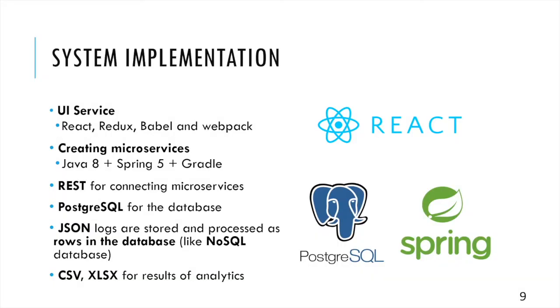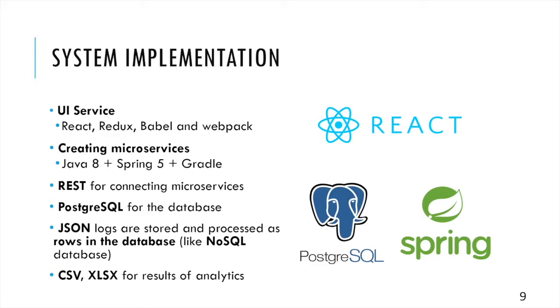So our UI consists of React, Redux, Bubble and Webpack. Our backend microservices consist of Java 8, Spring, in particular MVC and Spring Boot, and everything is built with Gradle. All our microservices communicate with each other using the REST paradigm.